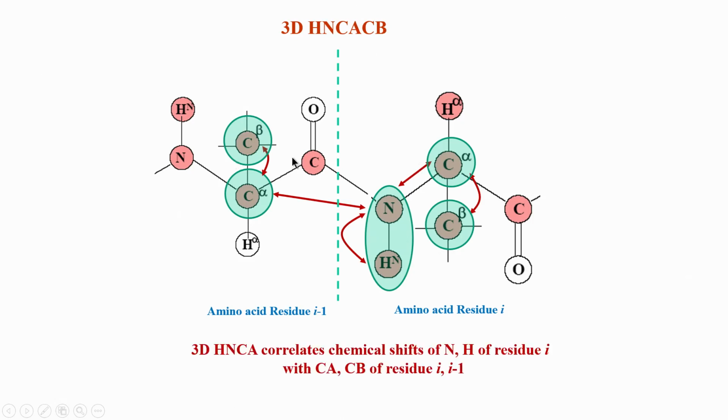Let us see how this experiment is constructed. This is what I should write as HNCaCb. HNCaCb correlates chemical shifts of NH of residue I with C alpha and C beta of residues I and I minus 1 both.